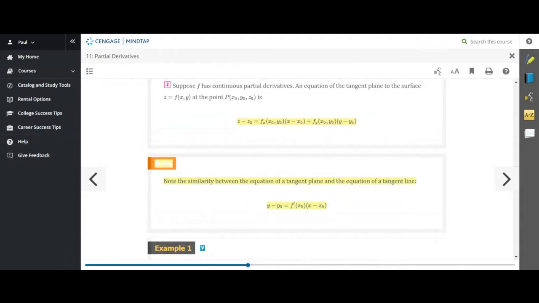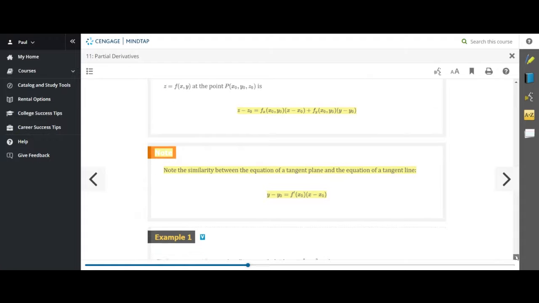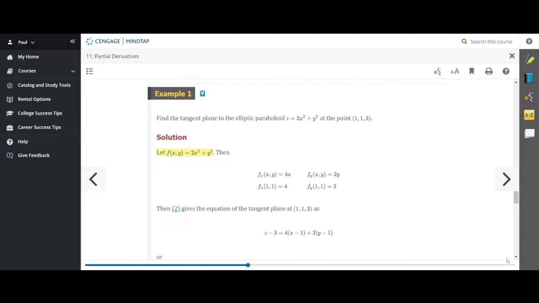Note the similarity between the equation of the tangent plane and the equation of the tangent line. So you're really learning beautiful stuff here. Are there any questions so far? Okay, good. Well, let's proceed forward here.